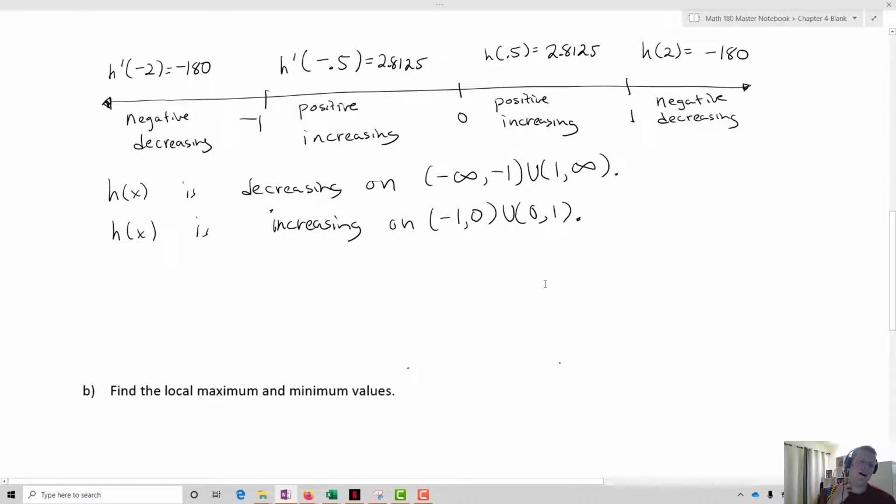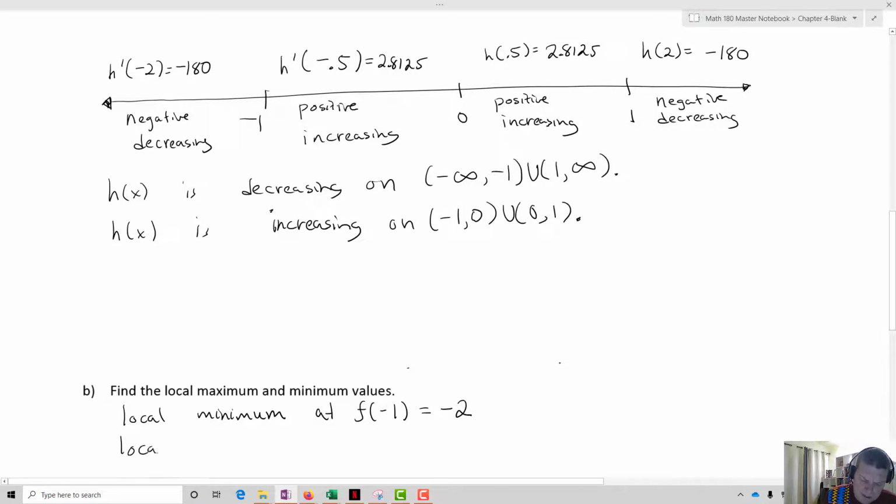Now let's look at where to find the local minimum and maximum values. In this case, we're not actually going to have to use the second derivative test, because it's very clear where we have the local maxes and mins. Notice that on the left-hand side of negative 1, it's negative, and on the right-hand side of negative 1, it's positive. So that means we have a local minimum at x equals negative 1, which equals negative 2.